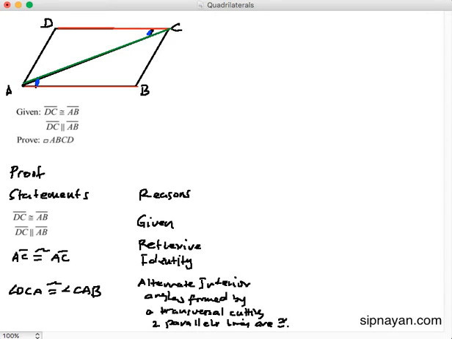So, ibig sabihin, triangle DCA is congruent to, tignan nyo yung pagkakasabi ko, DCA, red, papunta sa green. So, dapat ganun din dito, red, papunta sa green. So, BAC.